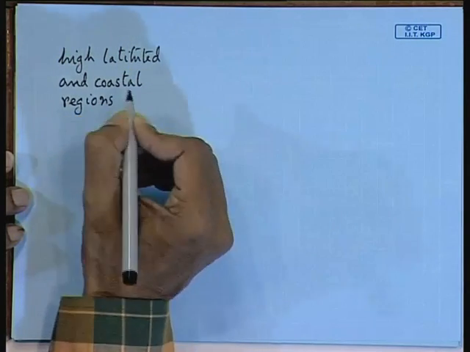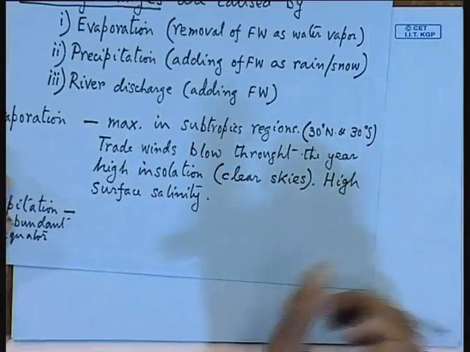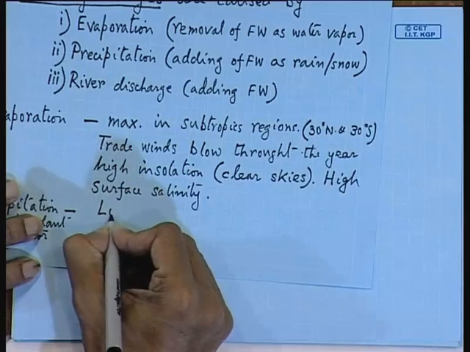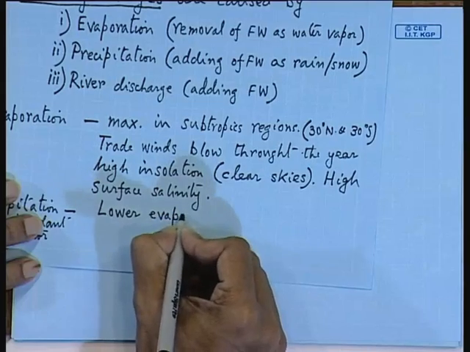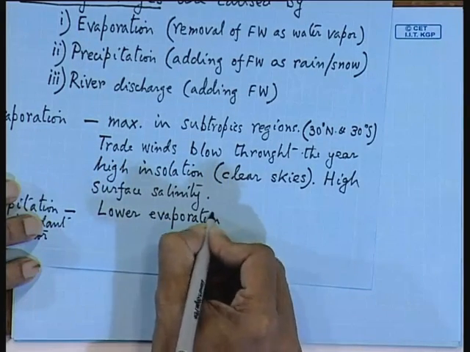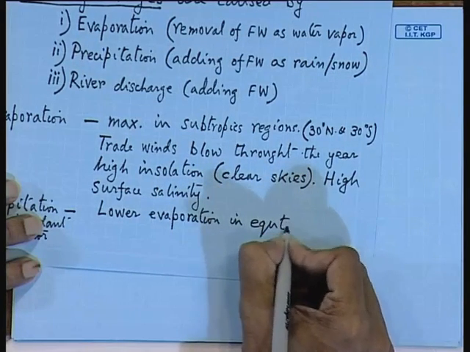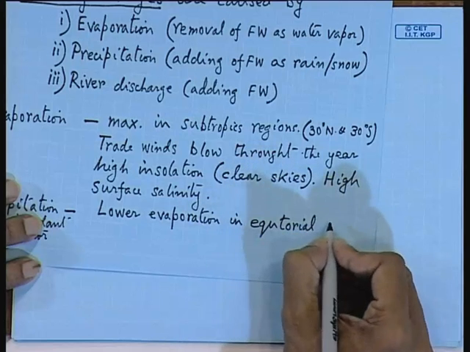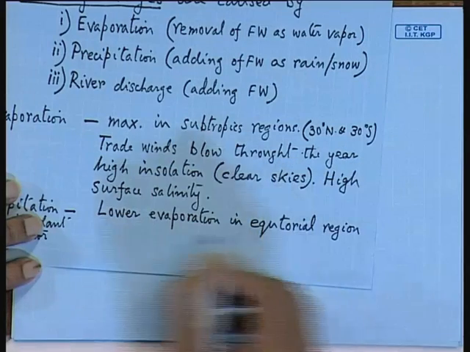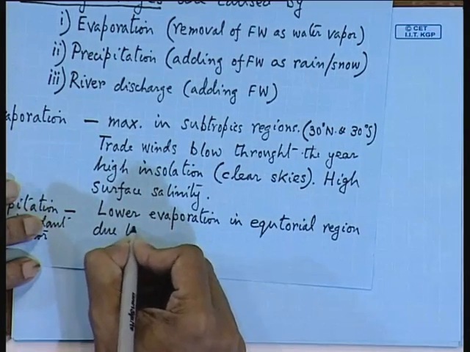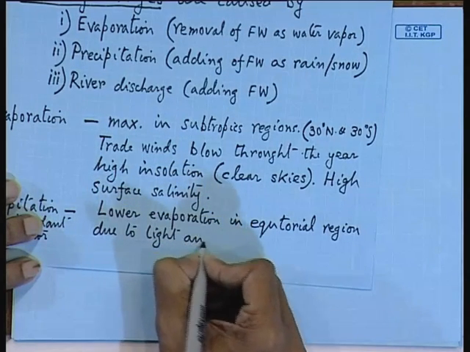So, what is happening here? Lower evaporation in the equatorial region due to light and variable winds.